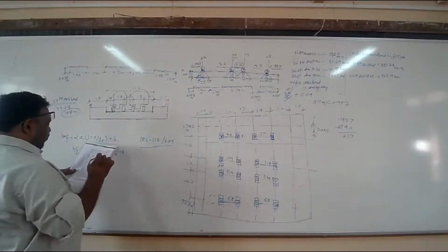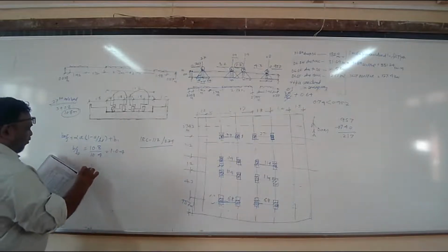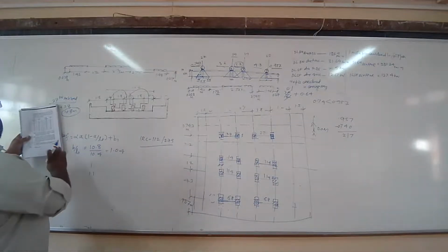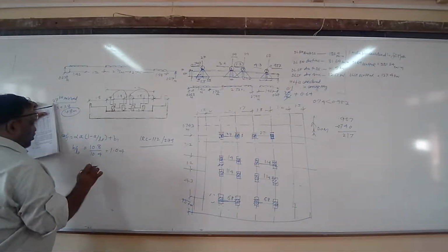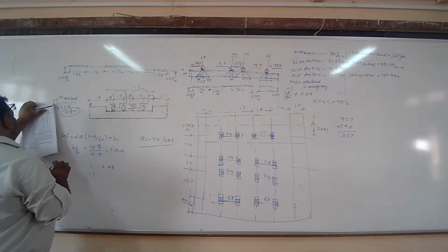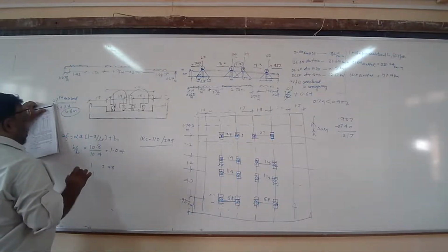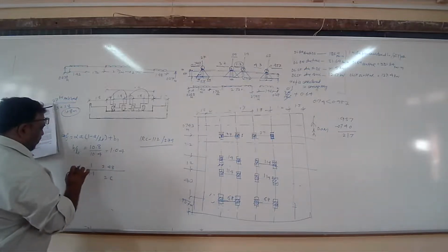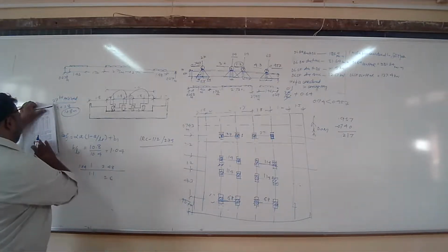It is 1.04. The value is available for 1, the value is available for 1.1, and we have to interpolate. What about for 1? It is 2.48. What about for 1.1? It is 2.6. So we have to interpolate with 1.04. Is that right?